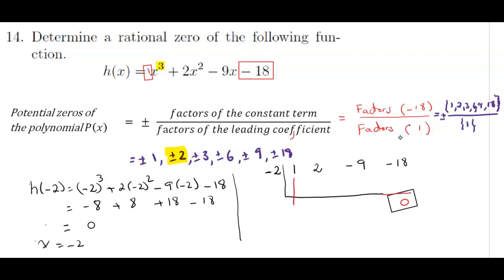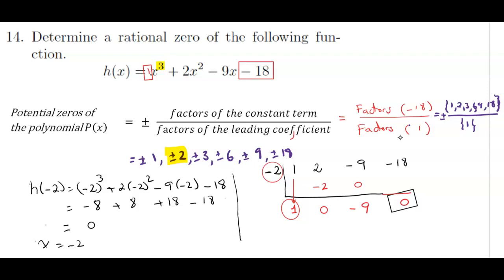First of all, I'm going to bring down the 1 here. 1 times minus 2, so this times this, is minus 2. Add them up, it gives you a 0. 0 times minus 2 is 0. Minus 9 plus 0 is minus 9.